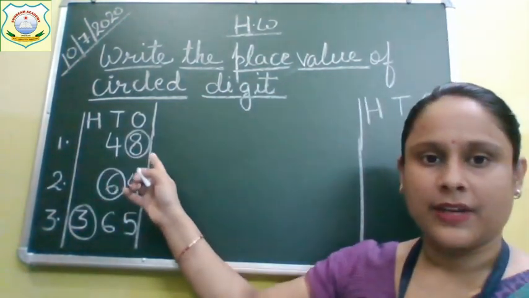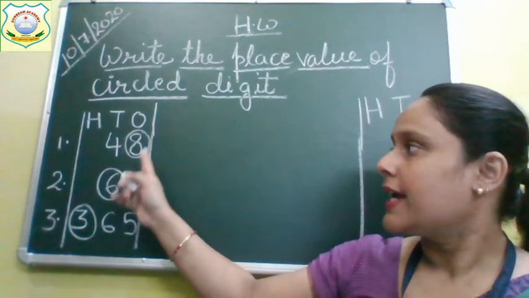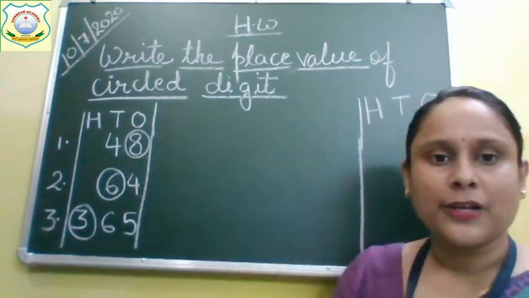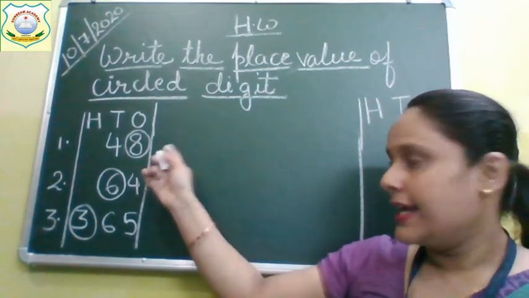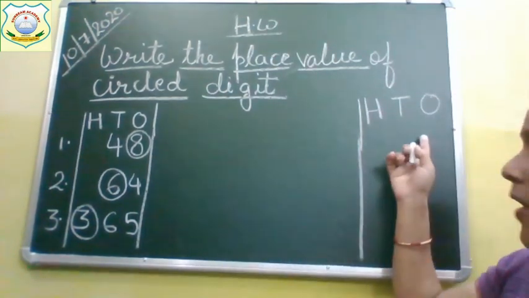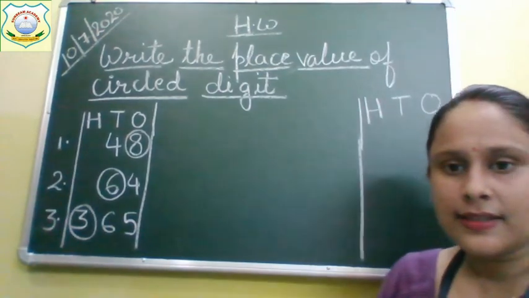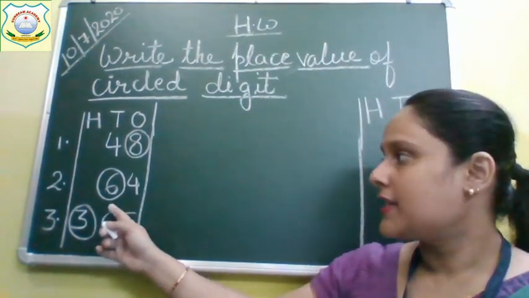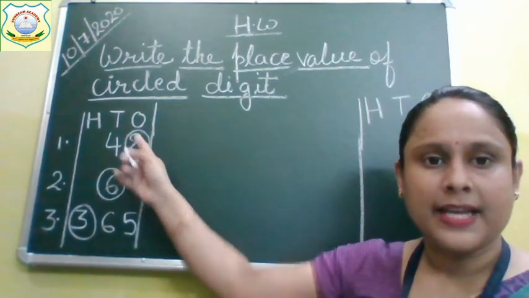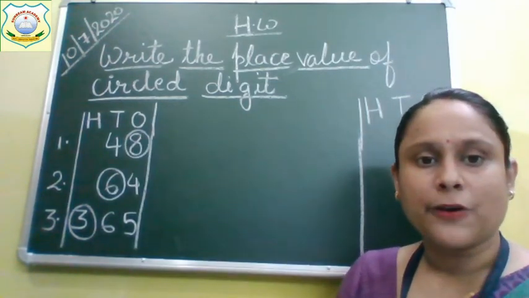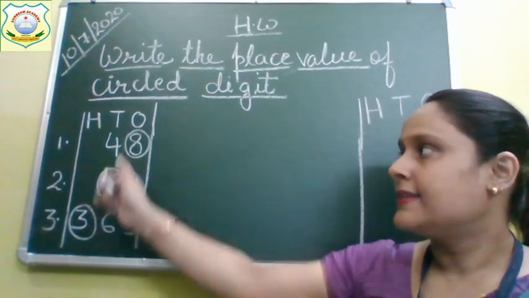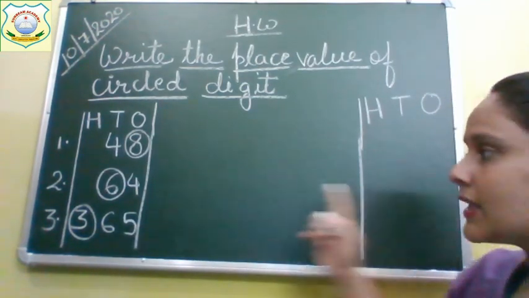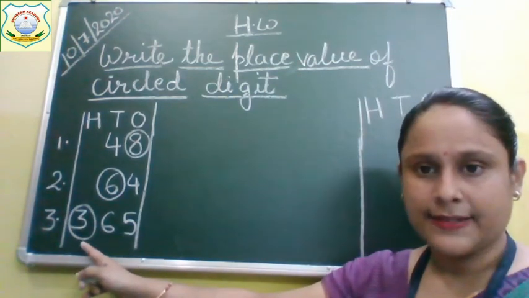If the number given is 48, 8 is in ones place. What is the place value of this 8? 8 ones, or you can say 8. Second number is 64. If 6 is in tens place, what is the place value of 6? 6 tens, or 60. 3 is in hundreds place.